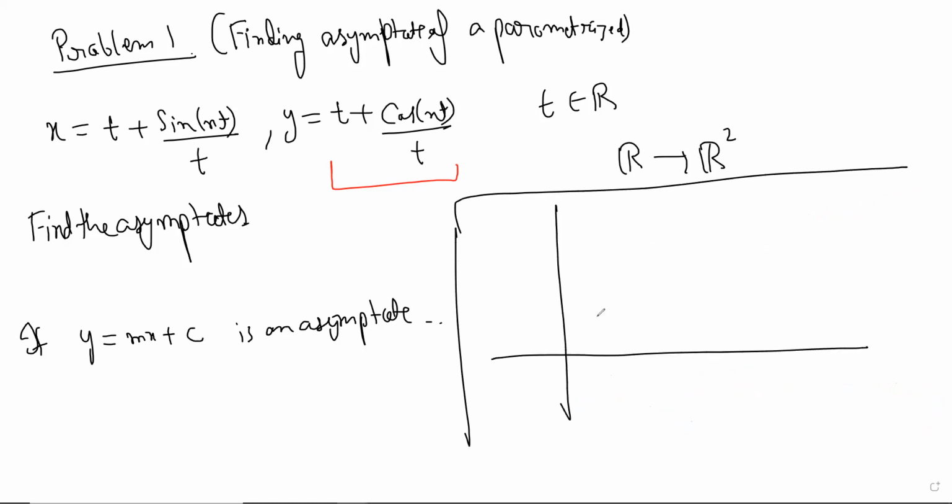So let's say that these are not graphs of functions, remember, okay? These are parameterized curves. Okay, so functions from R to R2, for example. So what you're looking at is, let's say, something like this. So this will just have a horizontal asymptote maybe.